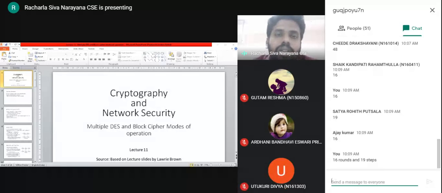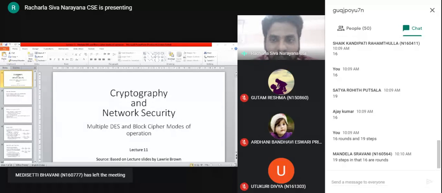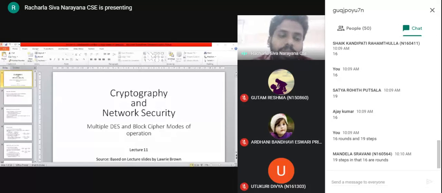After performing 16 round functions, we perform a swap operation. In the swap operation, we place the left 32 bits as right and the right 32 bits as left. That is called the swap operation. And then we perform the inverse initial permutation, and then we get the ciphertext.